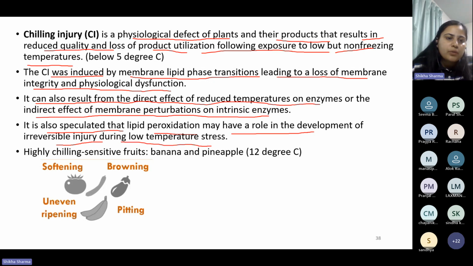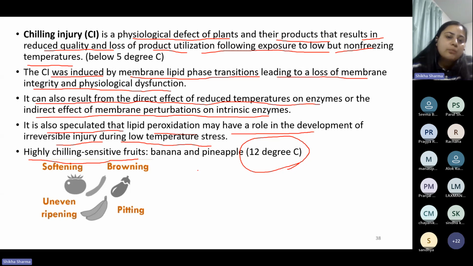It is also speculated that lipid peroxidation may have a role in the development of irreversible injury during low temperature stress. There are different fruits like bananas and pineapple which are highly chilling injury sensitive, and if we decrease the temperature below 12 degrees Celsius, they will undergo chilling injury.